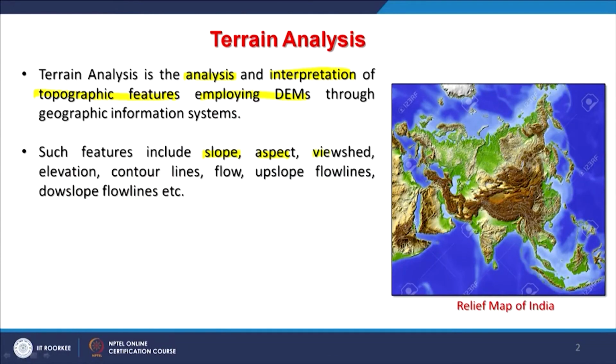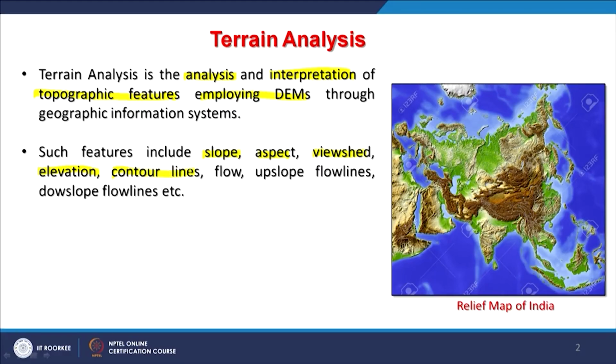And these topographic features which we are talking about include the slope and aspect which we have already discussed. Also viewshed analysis, again very useful in many applications. Then elevation differences and profiles and other things.